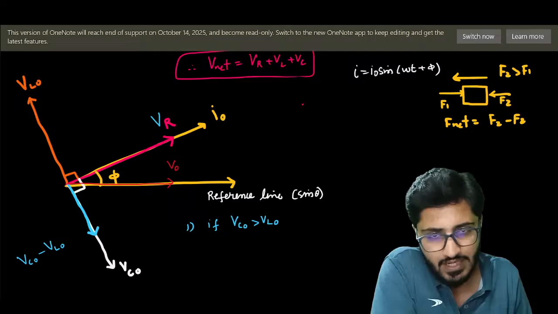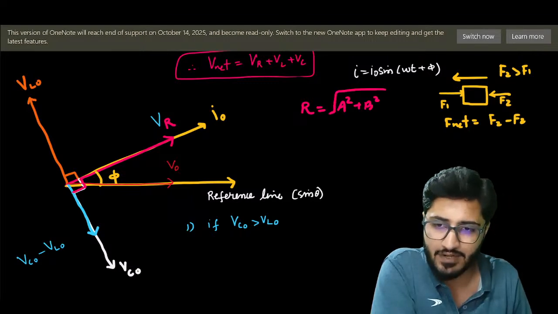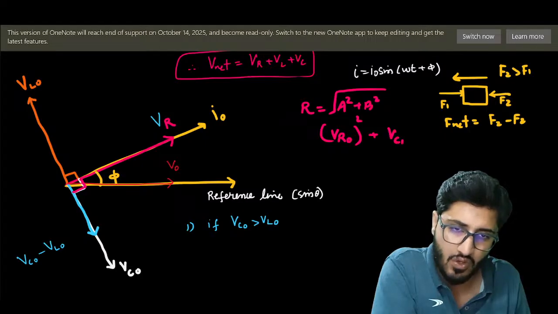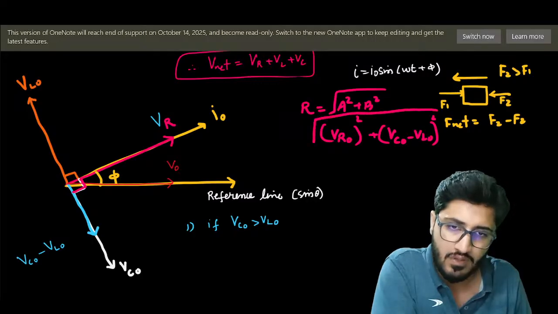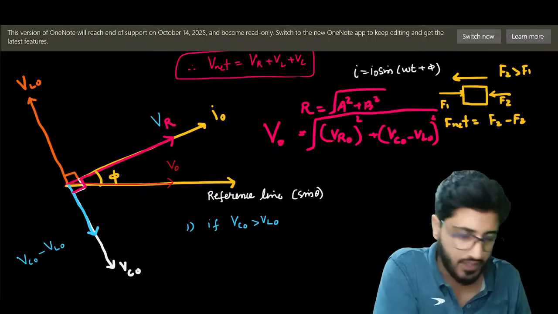Now how to find it? We know that the resultant of two vectors is the root of A square plus B square if the angle is 90 degree. Look, angle is 90 degree, right? So A is VR naught square. B is VC naught minus VL naught square. This is V naught.